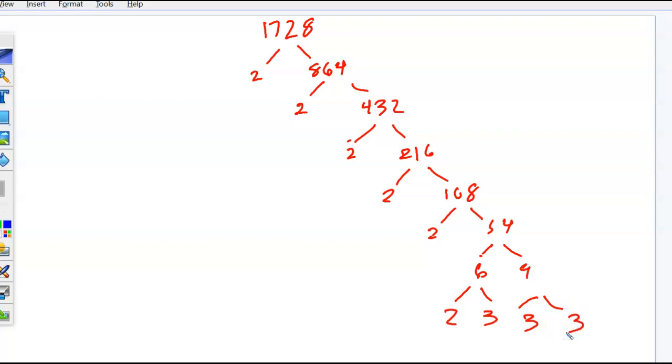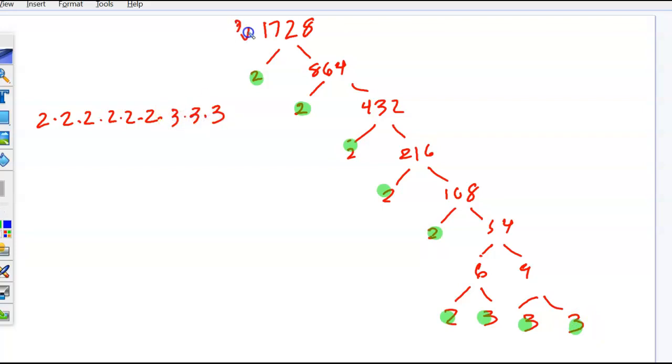So if I list my prime factors, I have a total of 1, 2, 3, 4, 5, 6 2's, and a total of 1, 2, 3 3's.